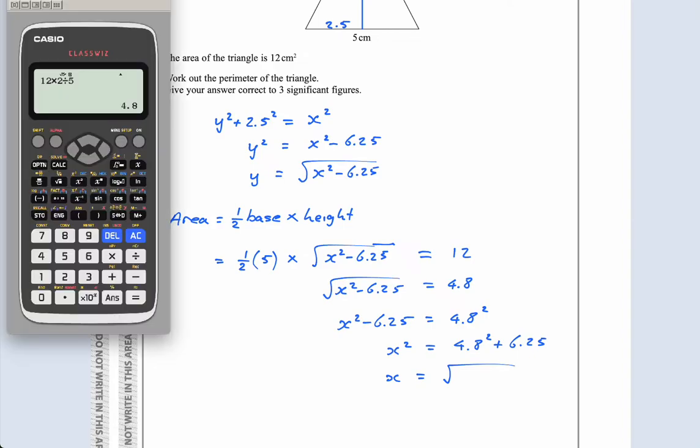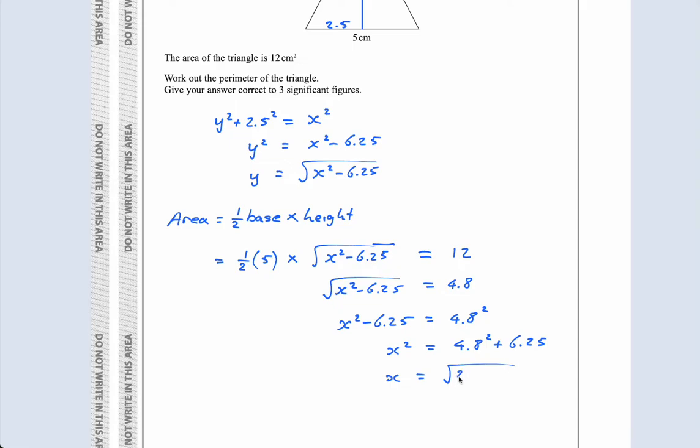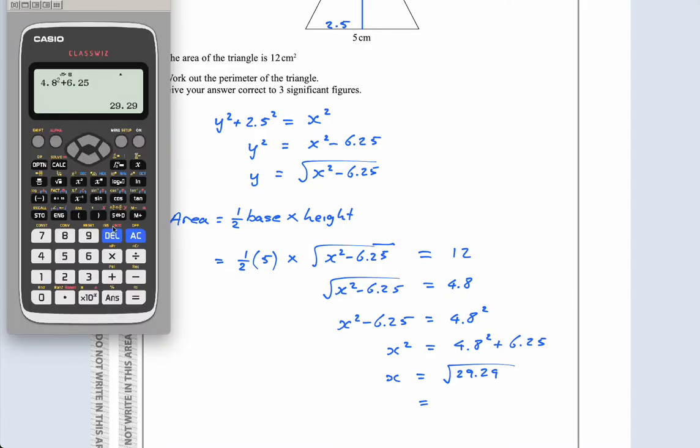So let's do that first: 4.8 squared plus 6.25 is 29.29, and the square root of 29.29 is 5.412.